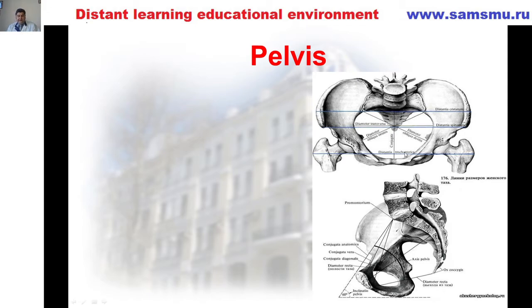The opening thus bounded is called the pelvic inlet, apertura pelvis superior. The cavity of the true pelvis, cavum pelvis, is below the inlet. Anteriorly, the wall of the pelvic cavity, formed by the pubic bones and their articulation, is very short. In contrast, posteriorly the wall is long and is formed by the sacrum and coccyx.